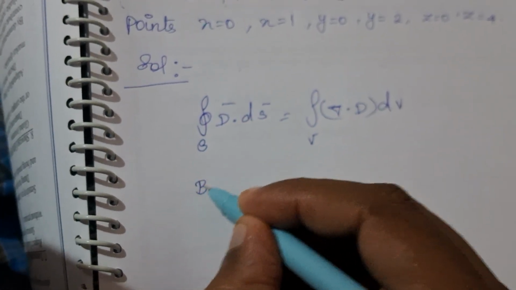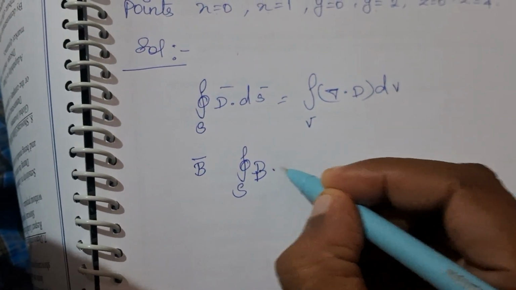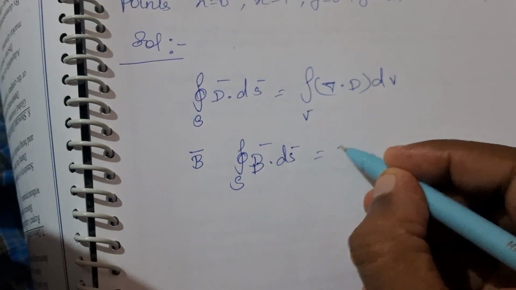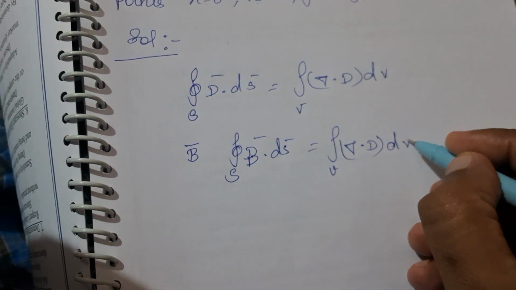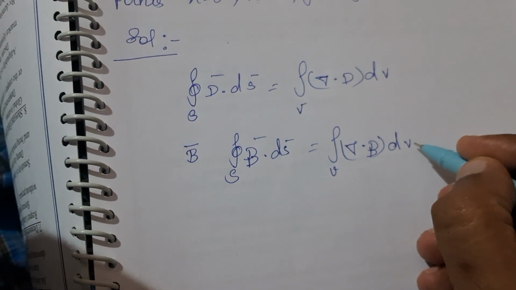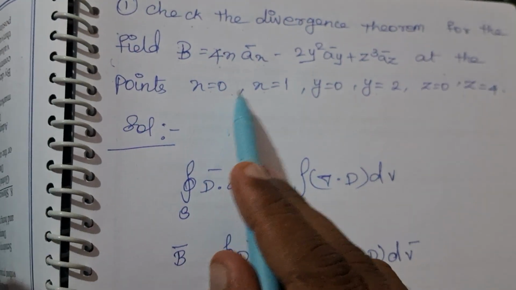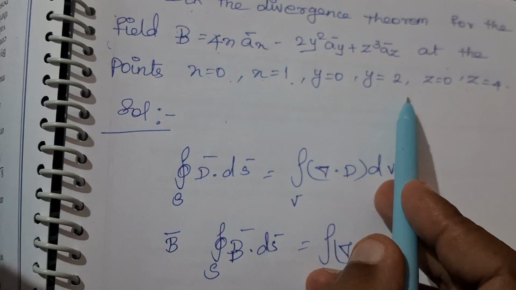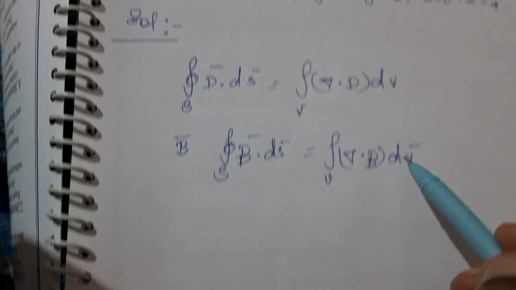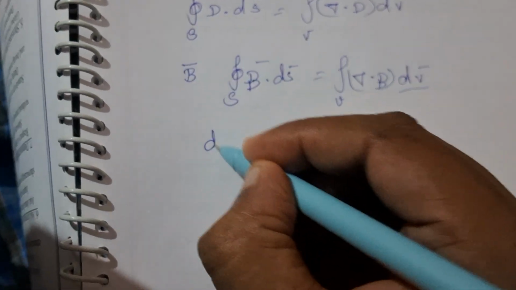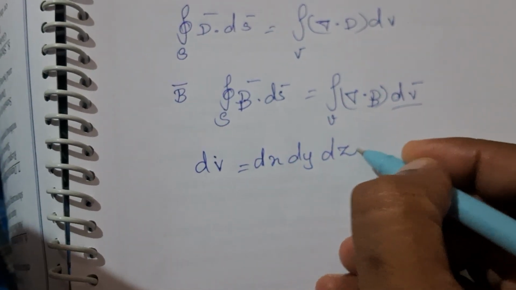Here the vector is B, so we can rewrite it as the closed surface integral of B dot dS equal to the volume integral of del dot B dV. Here we use the Cartesian coordinate system with vectors ax, ay, az, so dV equals dx dy dz.